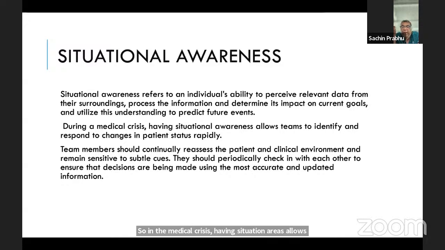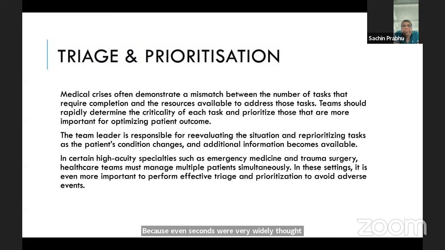Coming back to the last one, the obstetric lady, very quickly they realized that this is not a high spinal, but something else, and they acted accordingly. Unfortunately, the outcome was not great because she had amniotic fluid embolism. But they did the best they could in that situation, because even seconds were very vital for her. Okay, next slide, please.